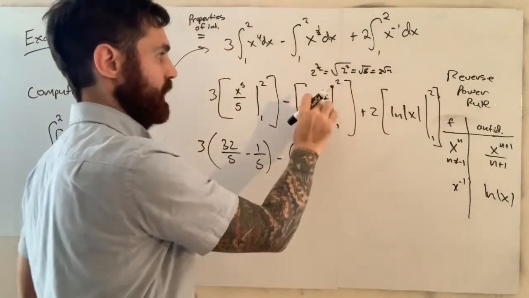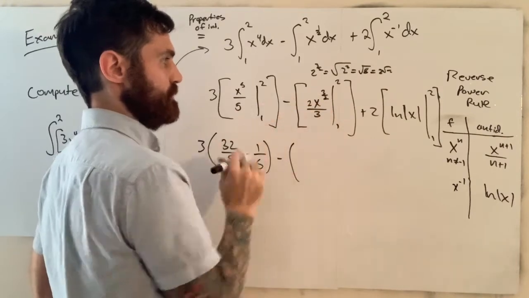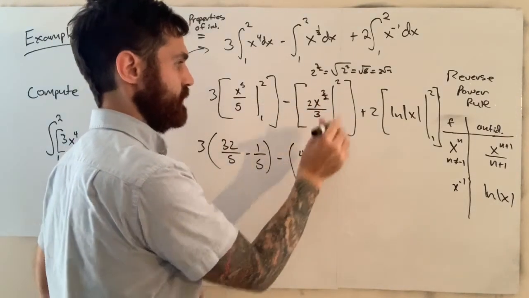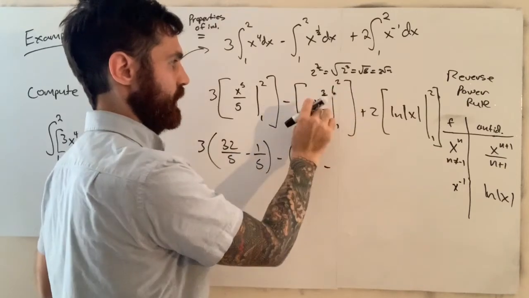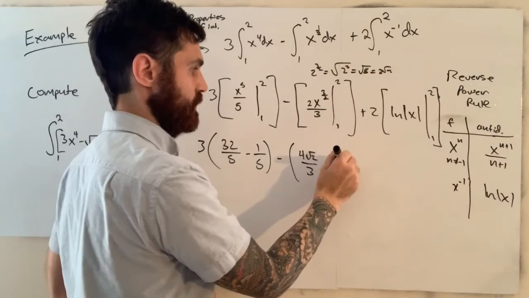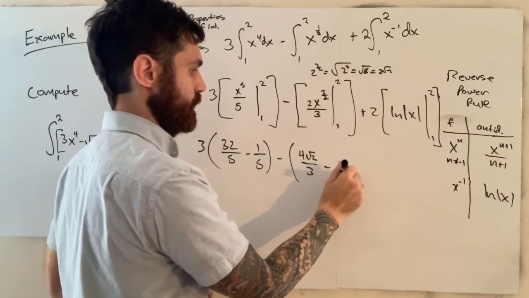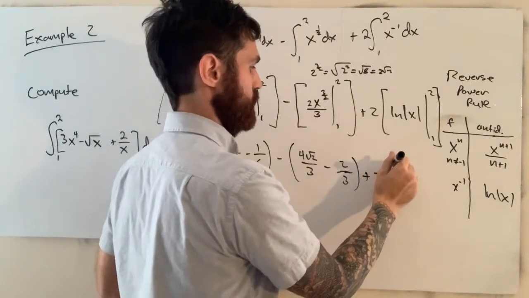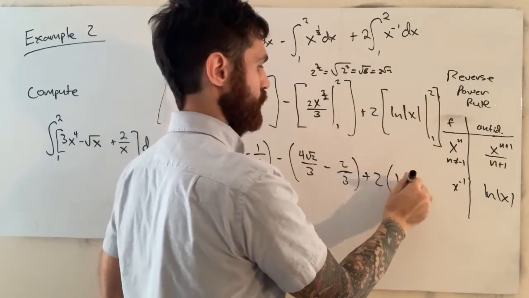And so if I plug in 2 there, I'm going to have 2 times 2√2, or 4√2 over 3, minus, plug in 1, you get 2 times 1 over 3, 2/3. And then this one is going to be plus 2 times natural log of 2.